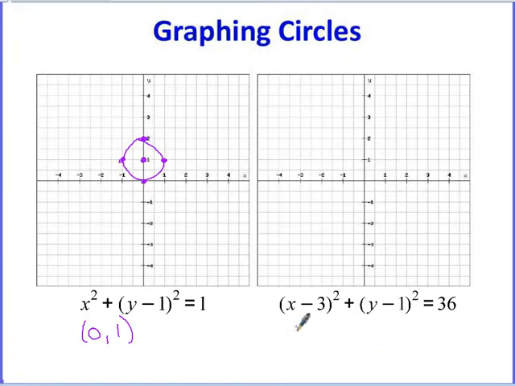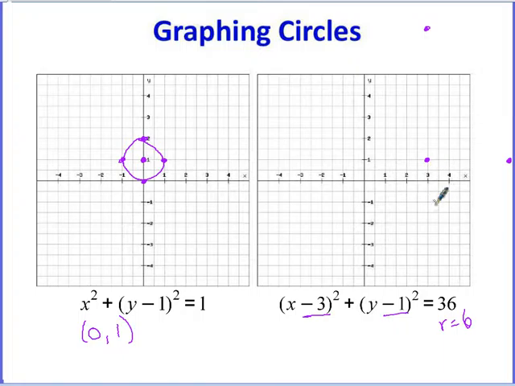For this one, again, the center is the opposite. So we have negative 3, negative 1, so my center is going to be at positive 3, positive 1. The radius squared is 36, so r would have to be 6. I'm going to go 6 in every direction from the center. 1, 2, 3, 4, 5, 6, way up there. This one is going to be way off the screen probably.